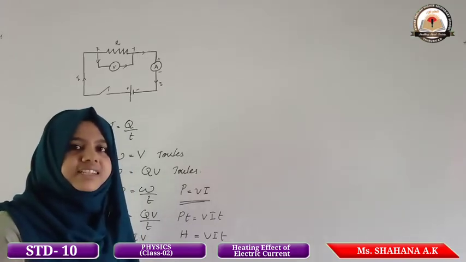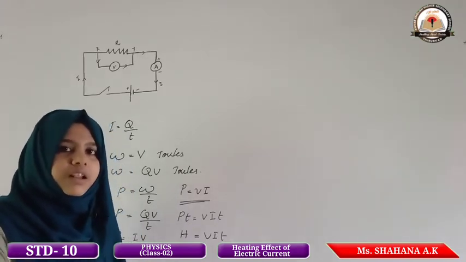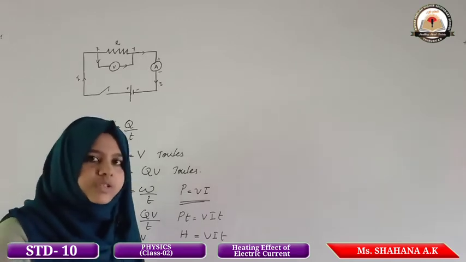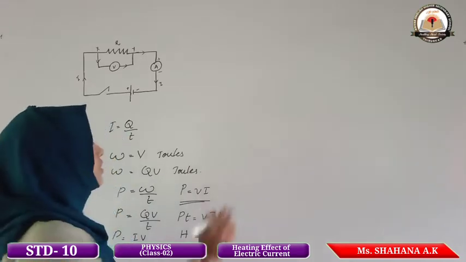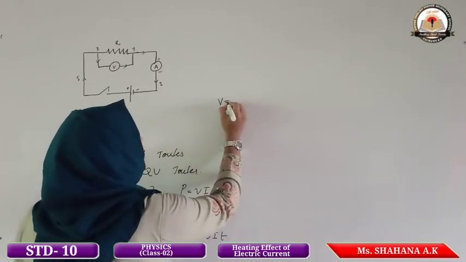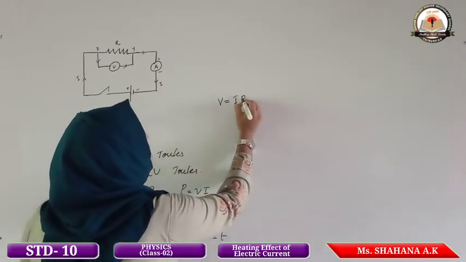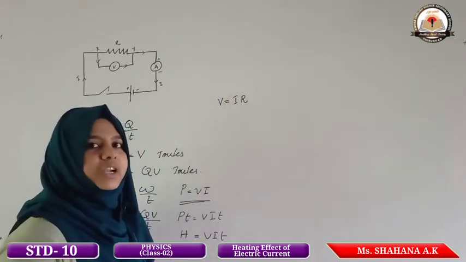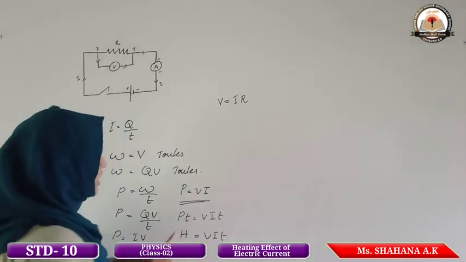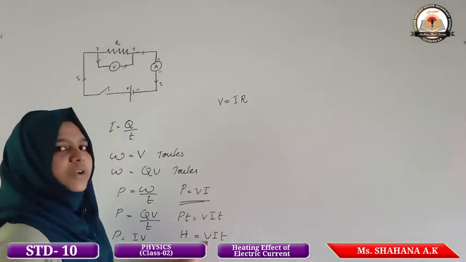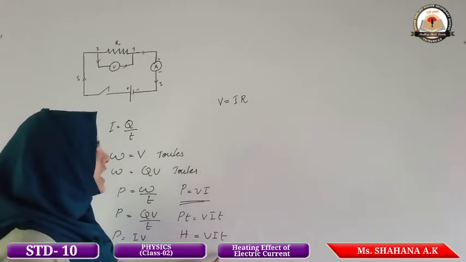Then in 9th standard, we studied a particular law called Ohm's law. Using Ohm's law, we know the equation of voltage, that is V is equal to IR. That value we are giving here, instead of V in the equation H is equal to VIT.